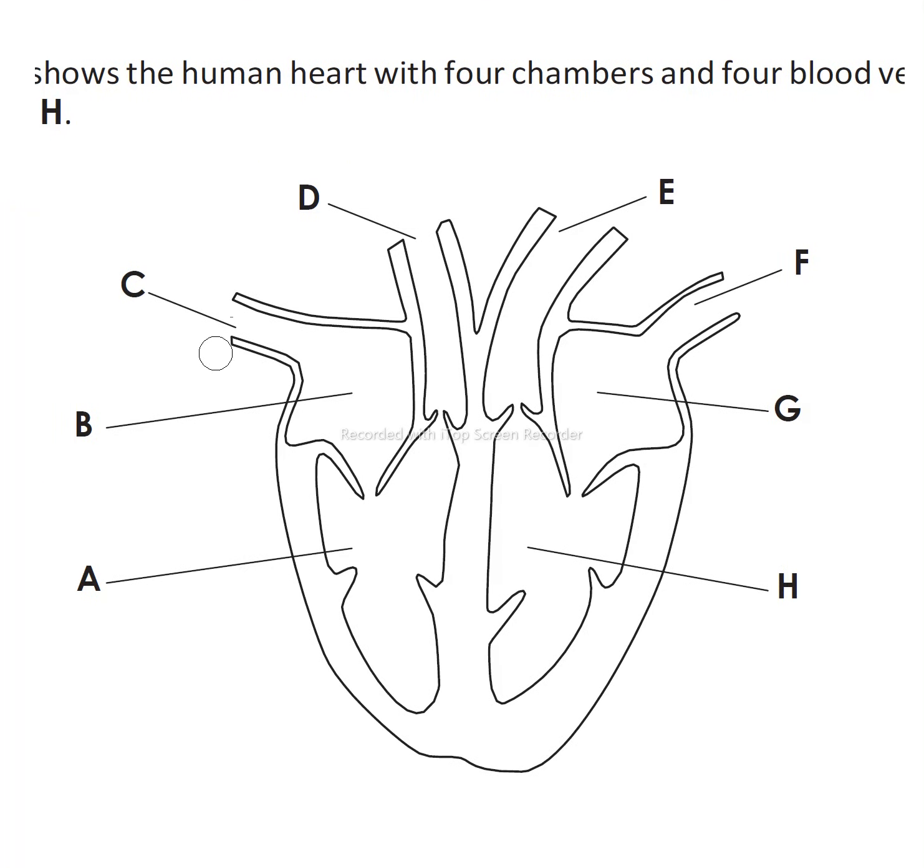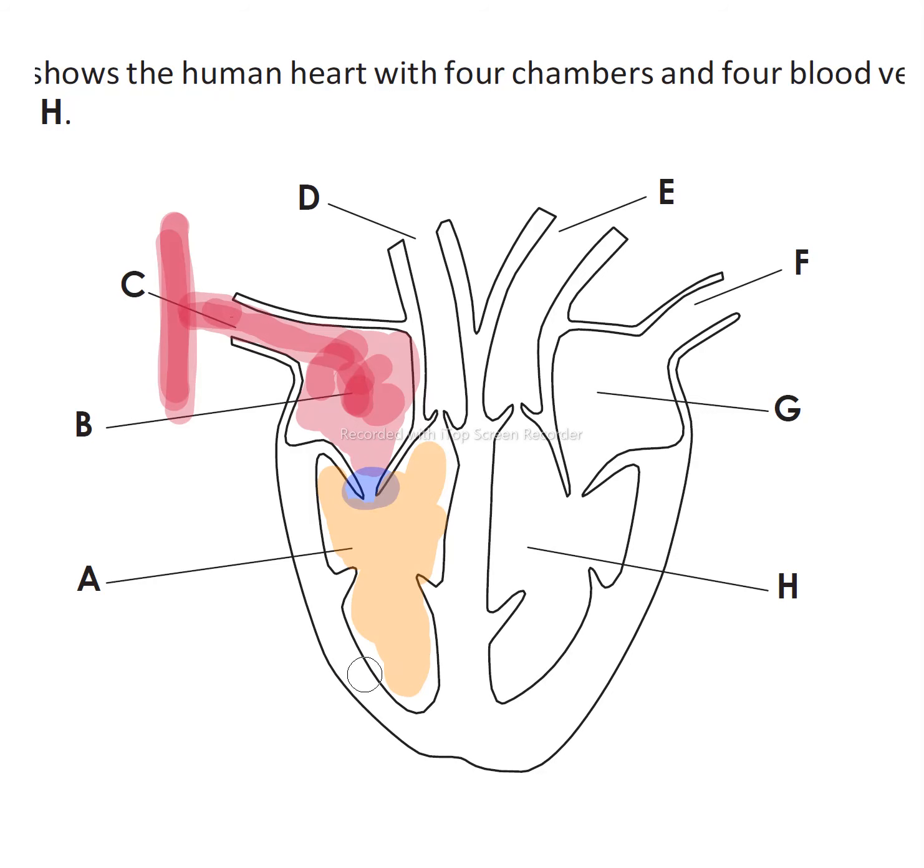Okay, here we are. So look, the blood comes in to the right atrium. So you've got your vena cava here. Blood comes in. It then goes through the tricuspid valve into the right ventricle.